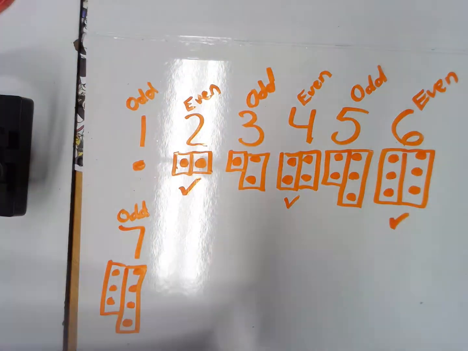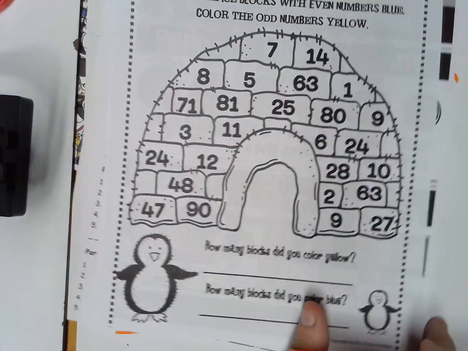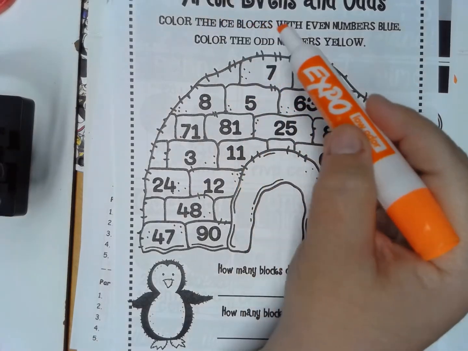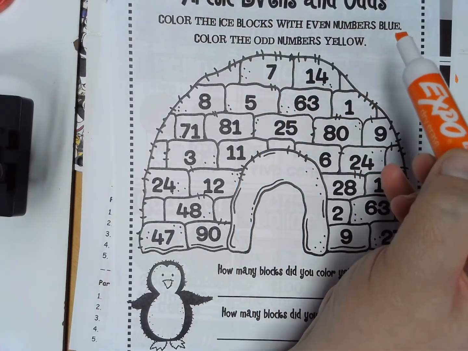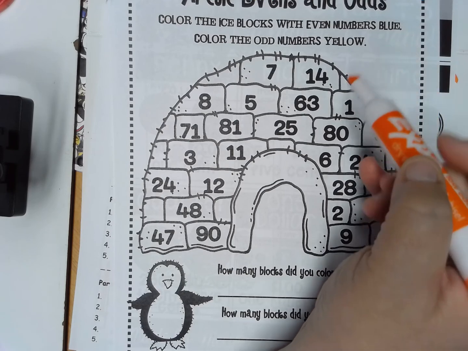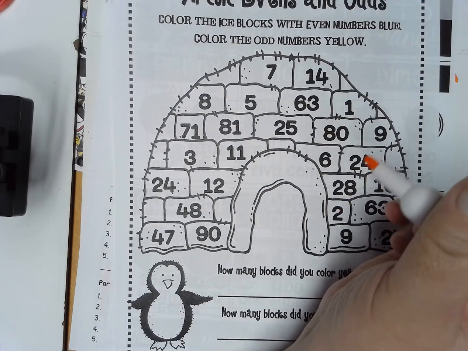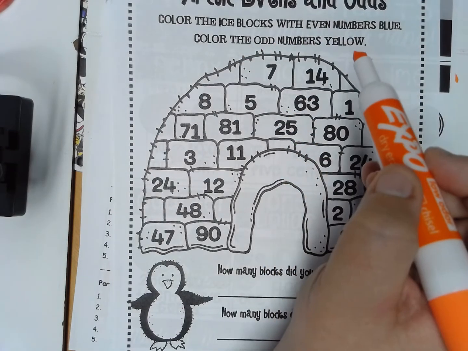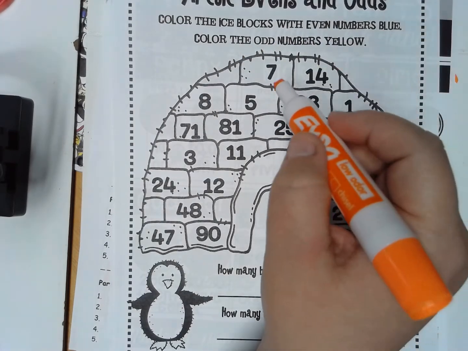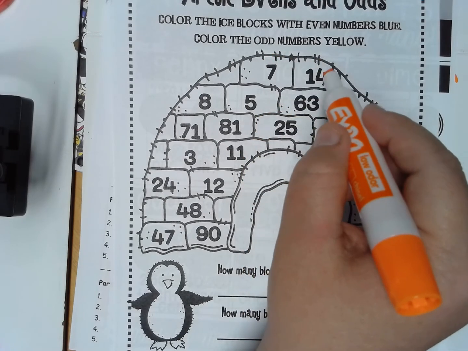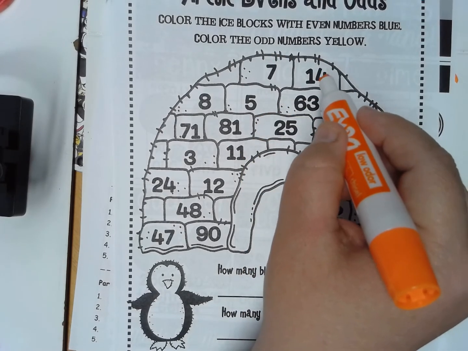On this sheet, you are going to be marking the numbers. It says color the ice blocks with even numbers blue. So we're looking for numbers with 2, 4, 6, 8 to be blue, and color the odd numbers yellow. 7 is odd, so it would be yellow. 14 has a 4 at the end.